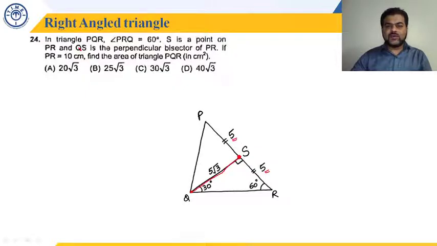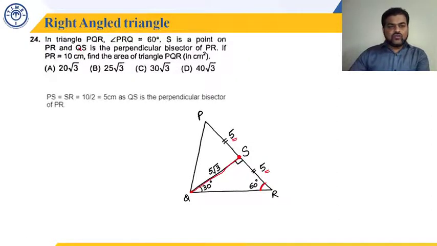So S is the midpoint of PR, and simultaneously QS is perpendicular to PR. That is the meaning of QS being the perpendicular bisector of PR. And this angle is 60 degree, that was already given in the question. So these two sides are 5 centimeters.